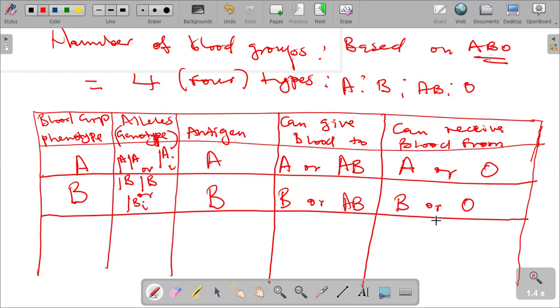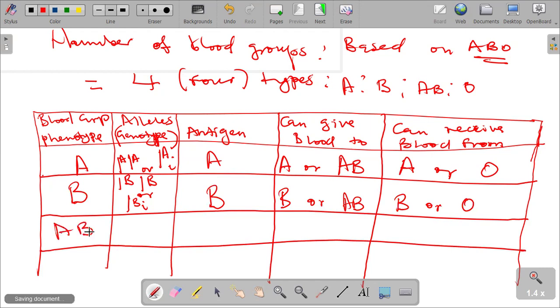And then the next blood type that we need to look at is blood type AB. What are the alleles that produce blood type AB?